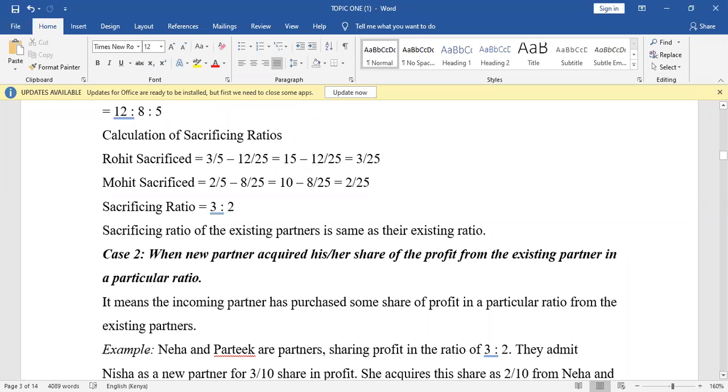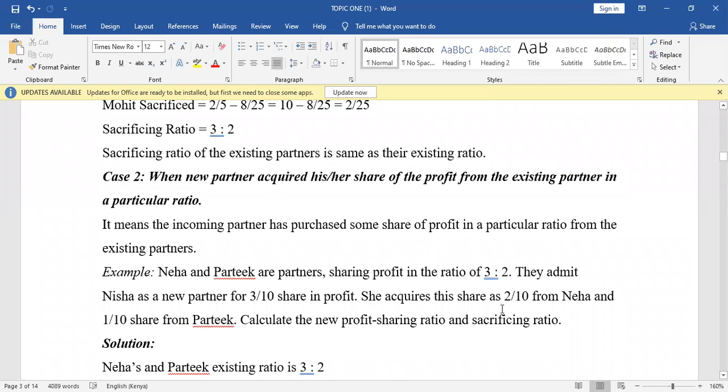Now I want us to look at a small example of how we can calculate the new ratio when the new partner purchases his share of profit from the existing old partners. That's what we want to look at today. Nea and Patrick are partners sharing profit in a ratio 3:2.